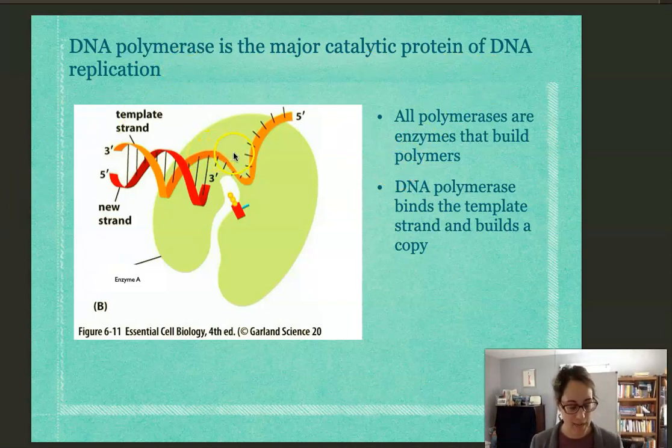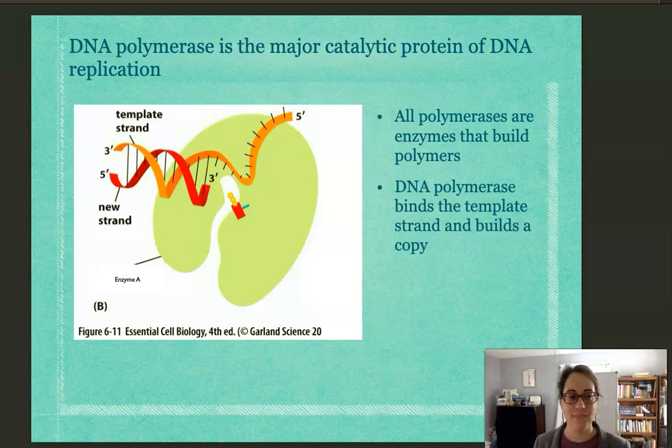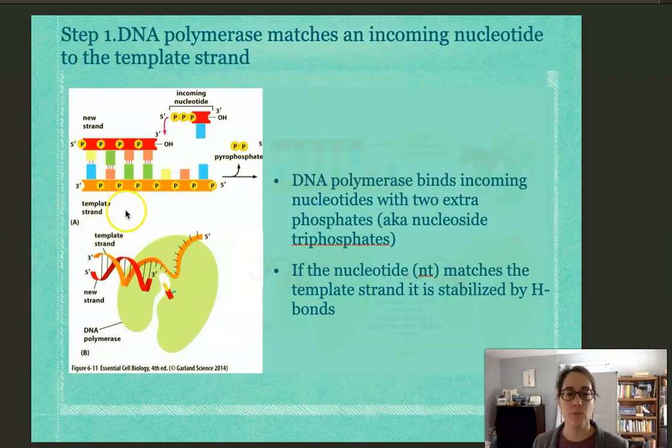And how does it add the nucleotides? Well, it's going to read, quote unquote, the template strand of DNA, and then it's going to add to the nascent strand, or the new strand of DNA. So the first step is for, as we said, DNA polymerase to read the template strand of DNA. This is not actually the DNA polymerase reading anything.